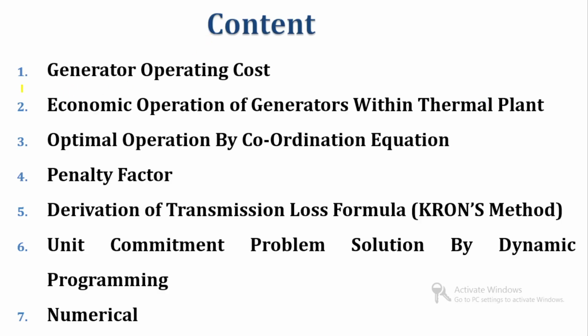In this chapter, we are going to learn about the generator operating cost, economic operation of generator within the thermal power plant, optimal operation by coordination equation, penalty factor, derivation of transmission loss formula, that is also known as Kron's method, unit commitment problem and its solution by dynamic programming method, and the numerical based on the economic operation of power system.